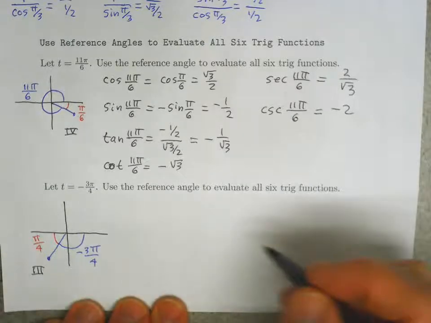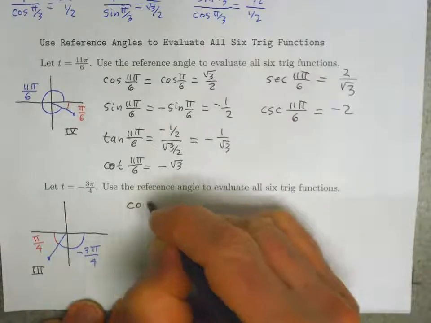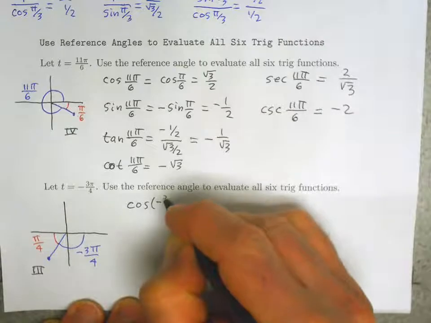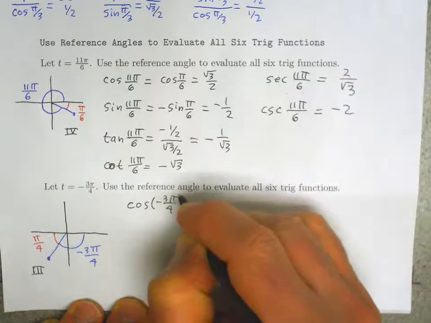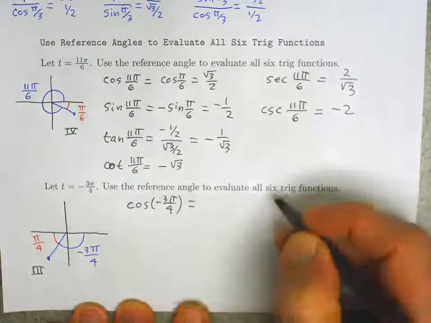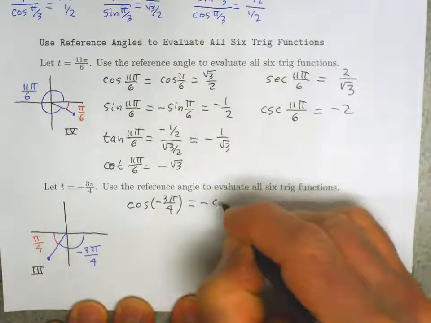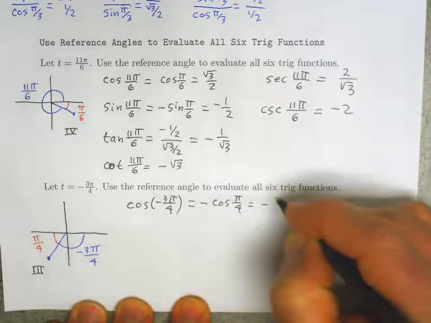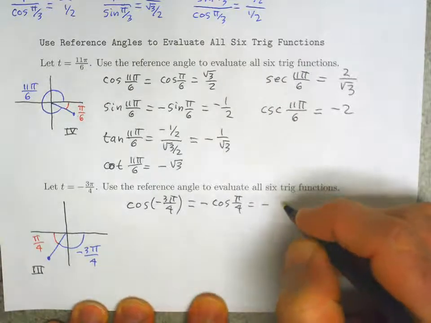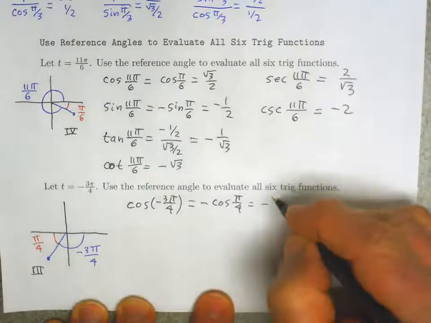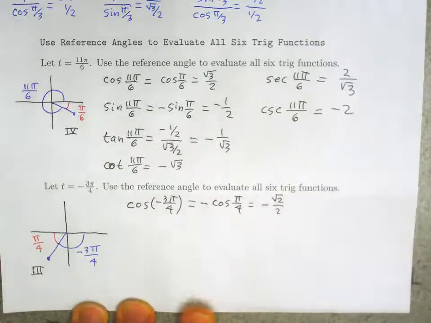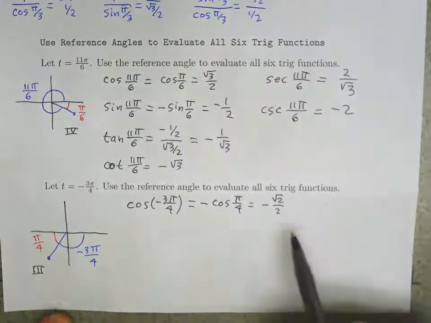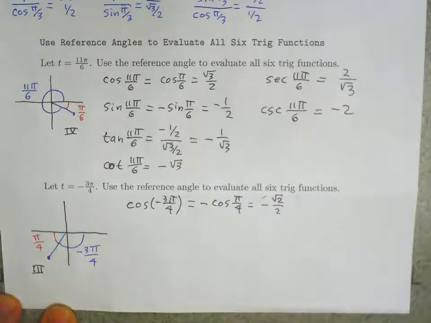Okay, so we'll start with cosine of negative 3 pi over 4. That's equal to the negative of cosine of pi over 4, which is the negative of 1 over the square root of 2. I'll write it as negative square root of 2 over 2. This is what you get if you rationalize the denominator.